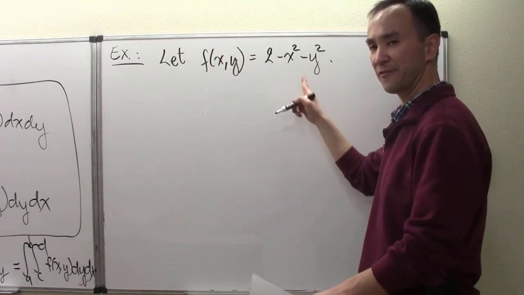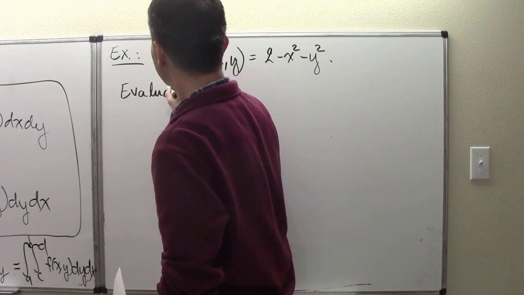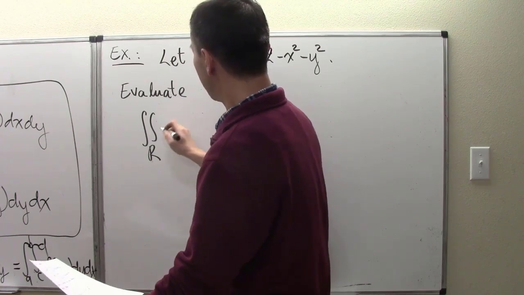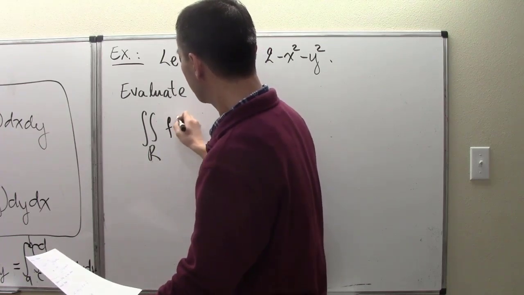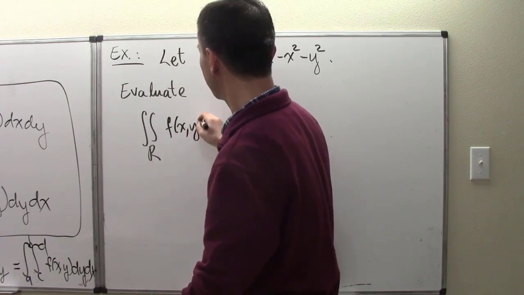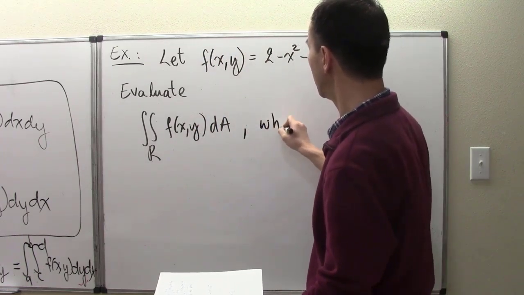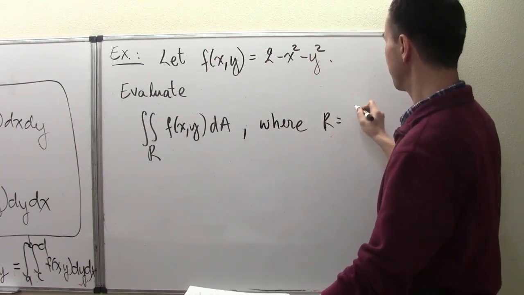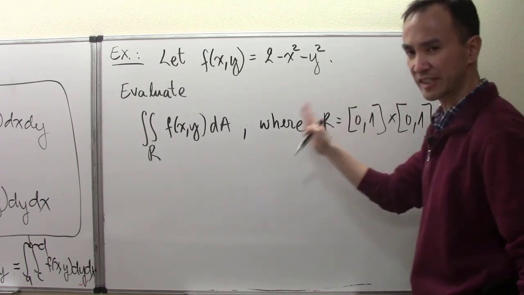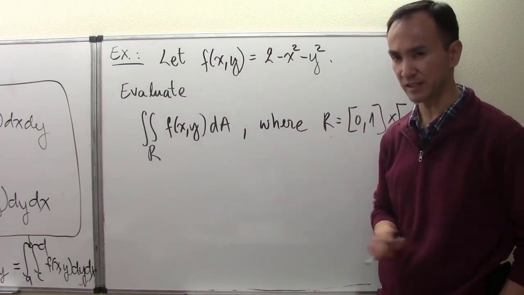With that function of two variables, we want to evaluate the double integral over a rectangular region R for our function f of x comma y over that region R. And of course R here is that region from 0 to 1 on the x-axis by 0 to 1 on the y-axis. So this is the exact repeat of the problem I introduced, but we never got an answer to that. So now we're going to learn the exact method to find the exact answer.